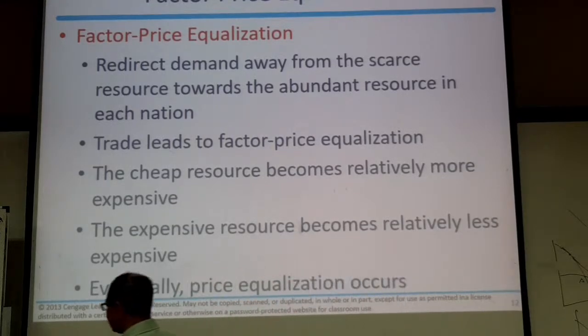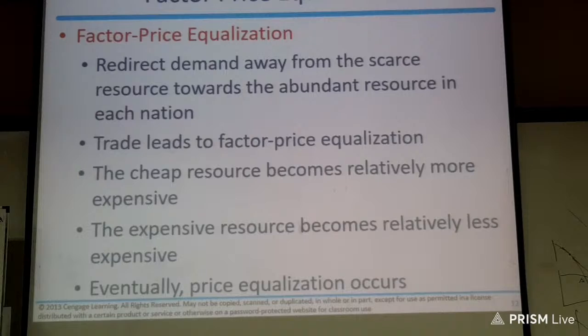For the United States, can you all see this? Because it's hidden by this. Is it hidden? Okay. Increase in the production of aircraft means that the demand for capital is very much, a lot. But demand for labor also increases, but not by much.